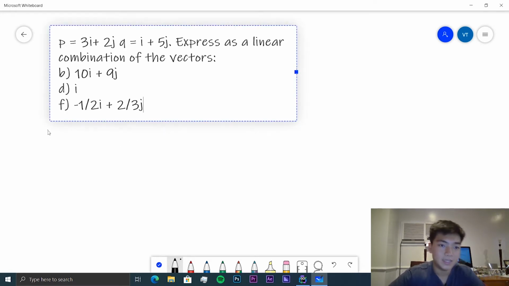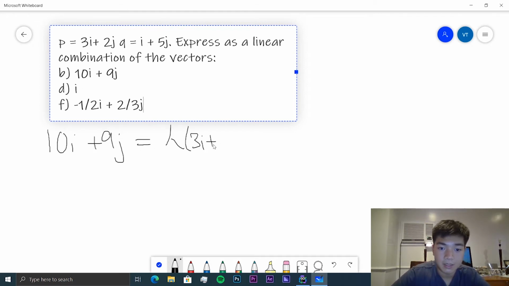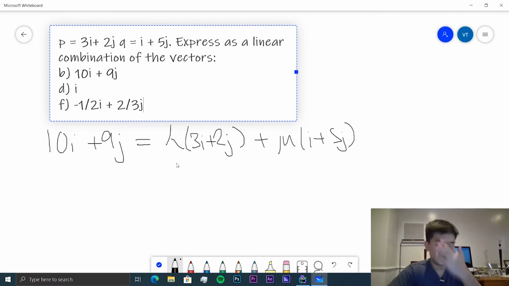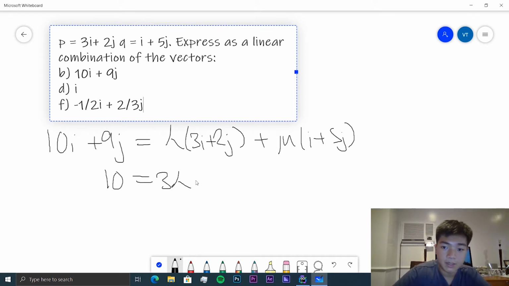Okay, because more or less 10i plus 9j is equal to lambda times 3i plus 2j plus mu times i plus 5j. So I can normally skip writing out this part, so we get 10 is equal to 3 lambda plus mu, and 9 is equal to 2 lambda plus 5 mu.